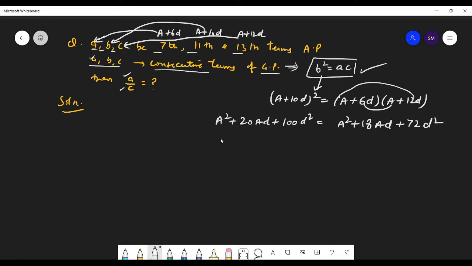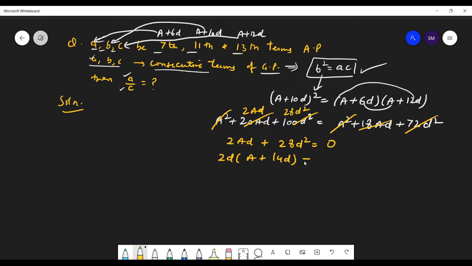So 2AD will be left here, and this is 100, this 72, so we have 28D square, and A square will cancel out. So we get 2AD plus 28D square is equals to 0. So factorize, students: 2D into A plus 14D is equals to 0.